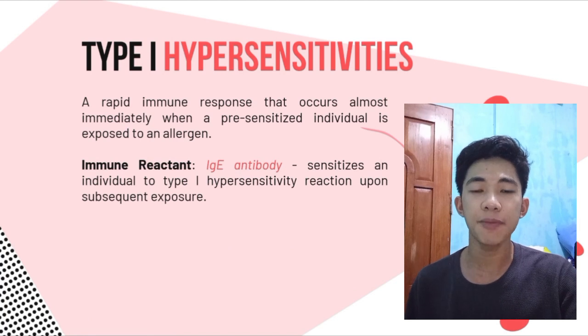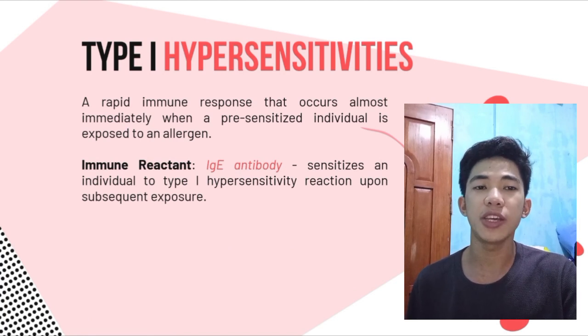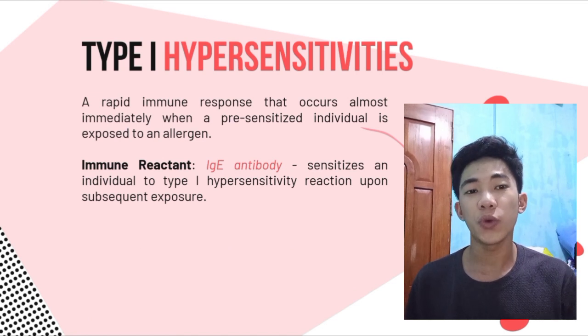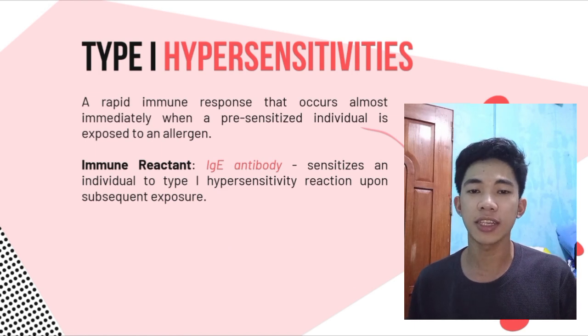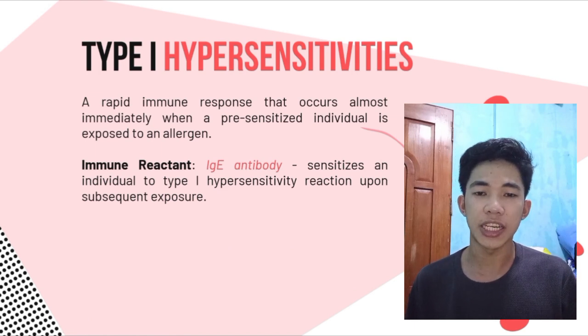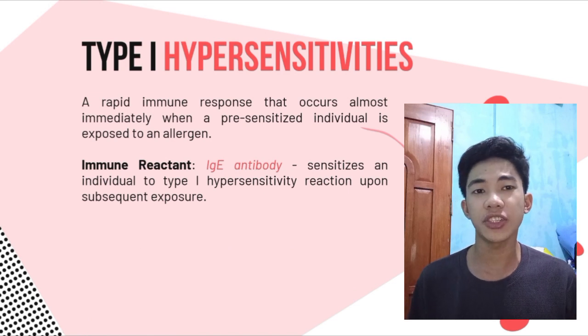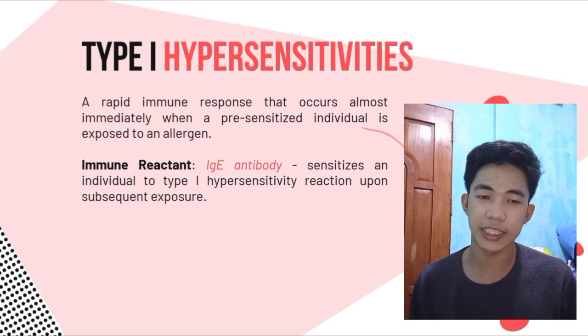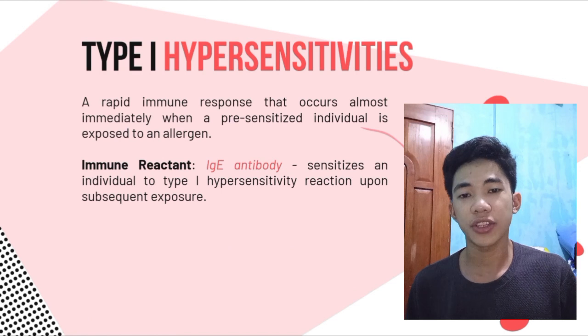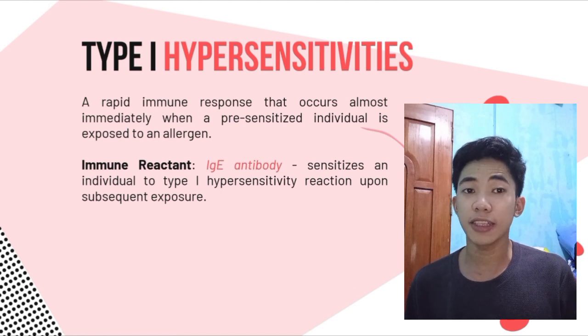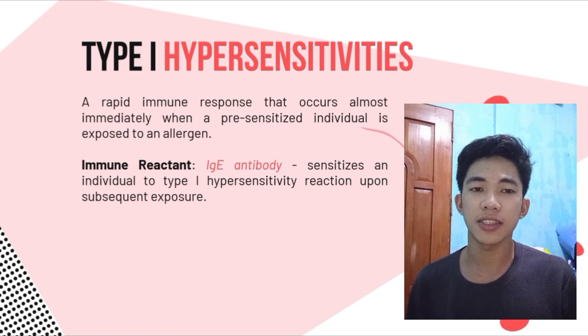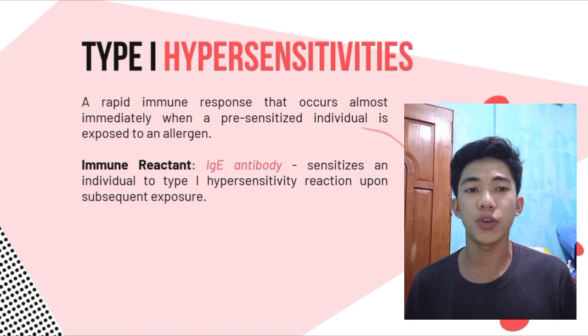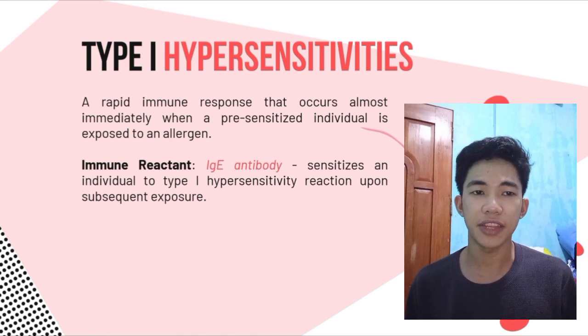The first type is a rapid immune response that occurs almost immediately when a pre-sensitized individual is exposed to an allergen, which means that type 1 hypersensitivity is just similar to allergy, or all allergic reactions are type 1 hypersensitivities. And the immune reactant or the primary antibody at play in type 1 hypersensitivities is the IgE antibody, or the immunoglobulin E antibody.